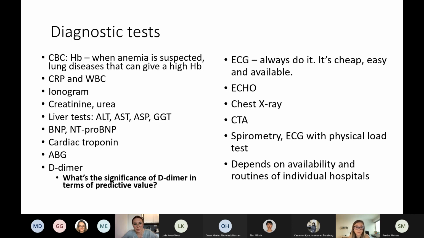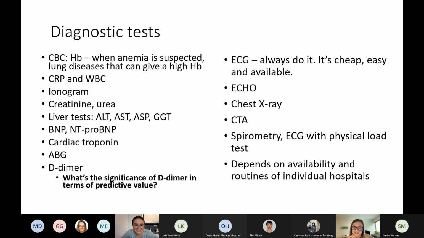BNP, NT-proBNP, is brain natriuretic peptide. And do you know when BNP is good to run before I spill the tea? Jessica, you know this. BNP.